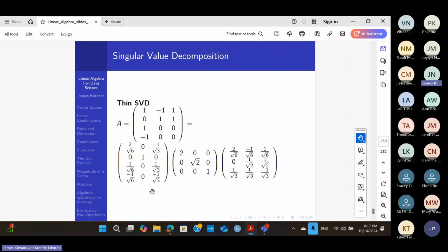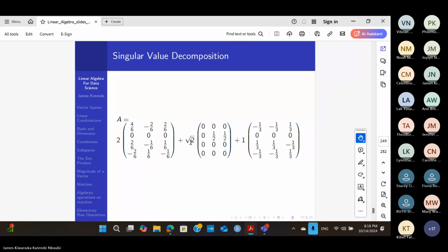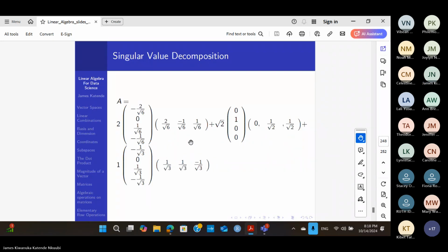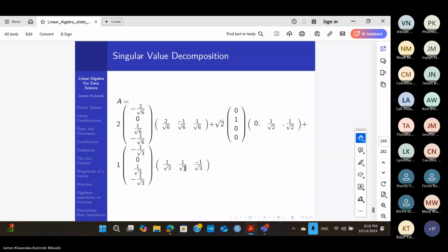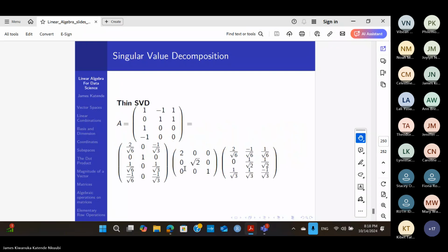So this is a thin SVD where you can drop some columns of U. We had U as a 4x4, right? So you can drop the last column.